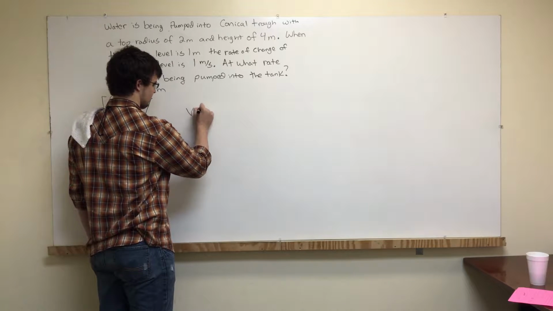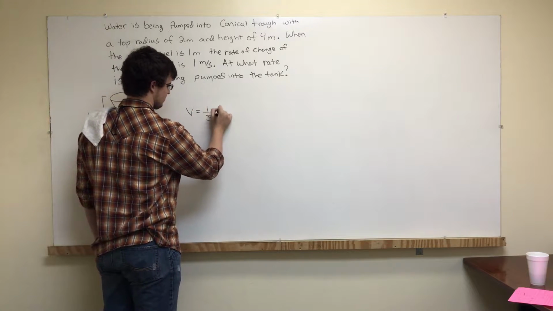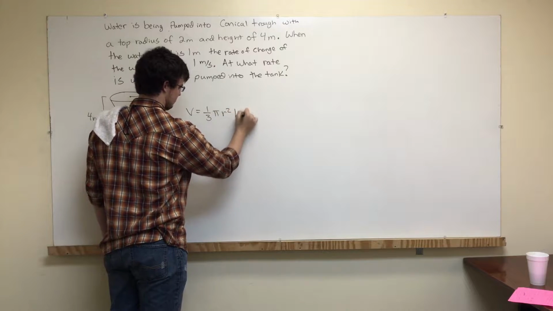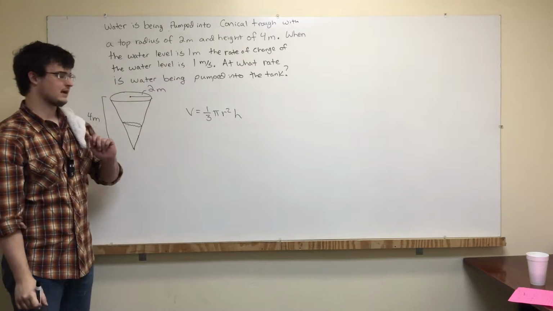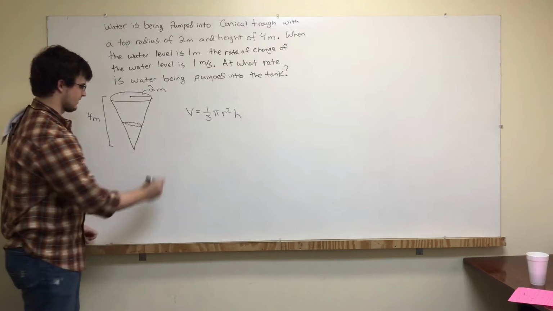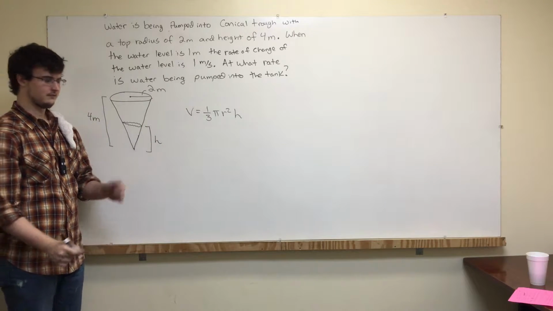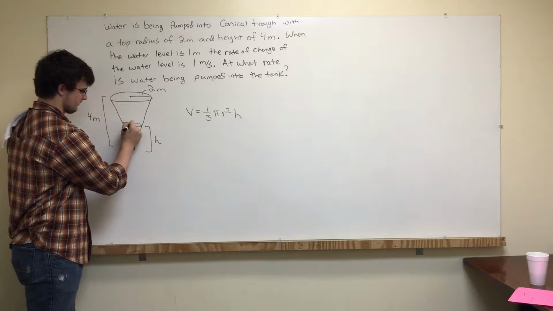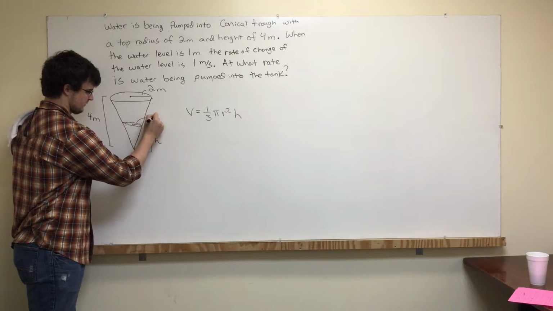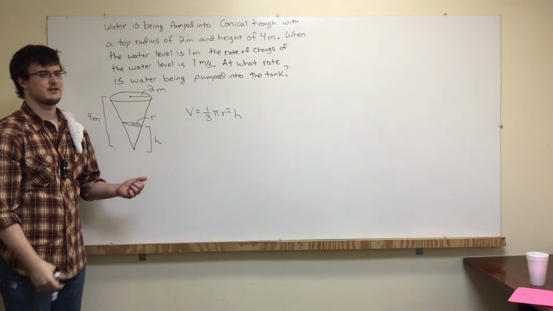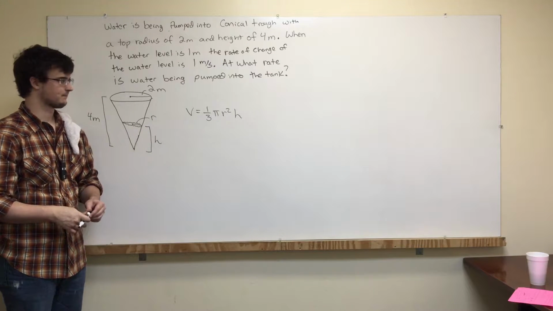So that's going to be the volume of a cone, where H is the water level and R is the radius of the top of the water.